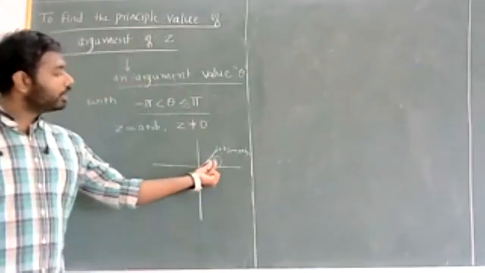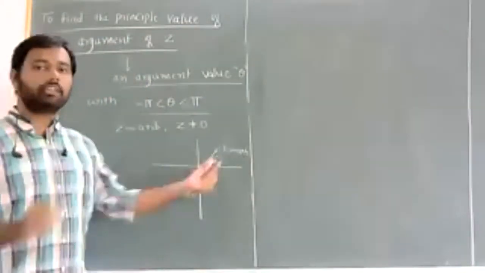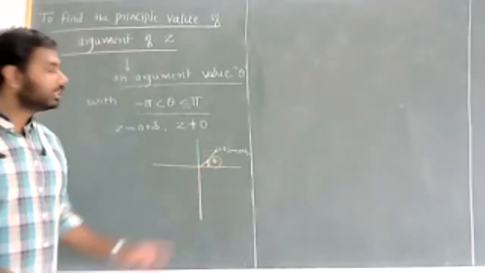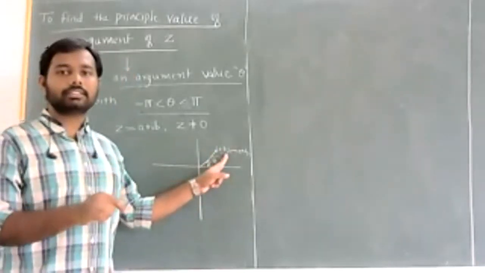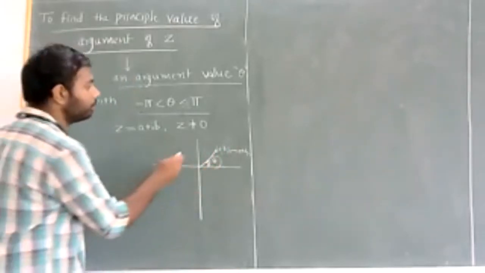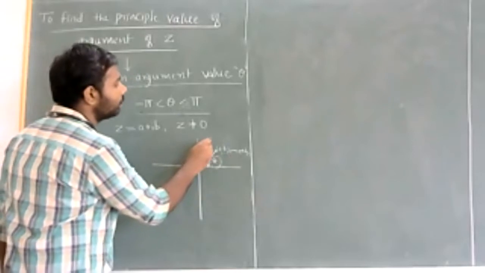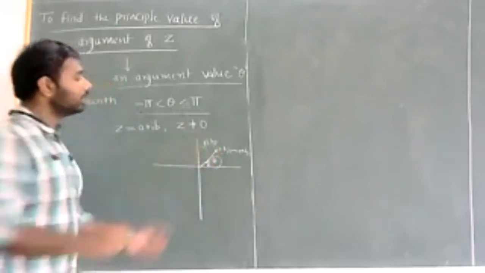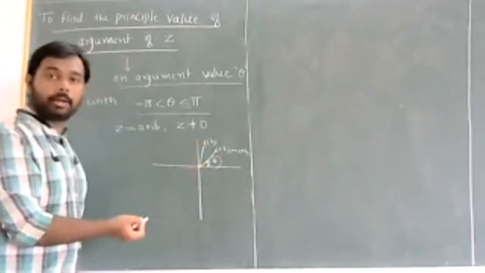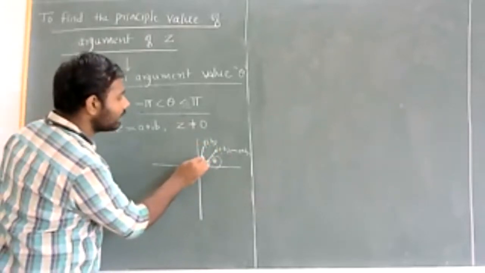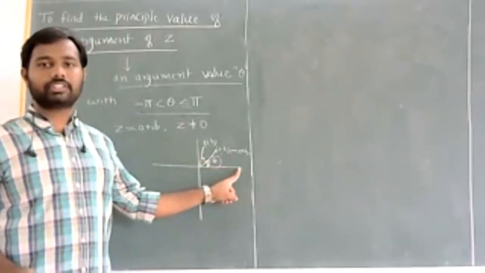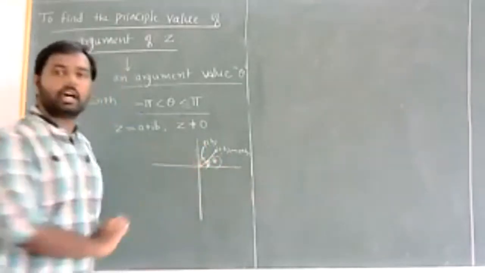Now, this argument value depends on the position of the complex number. Where the complex number is, on that the theta depends. If the complex number is here, then theta is the angle subtended by this line with respect to the positive real axis, and that will be the argument.